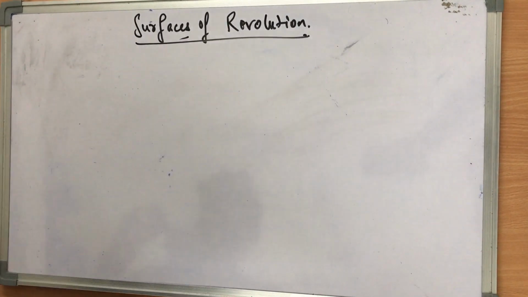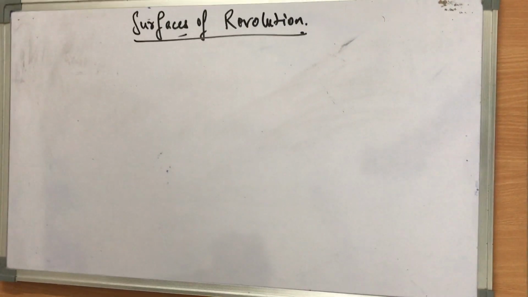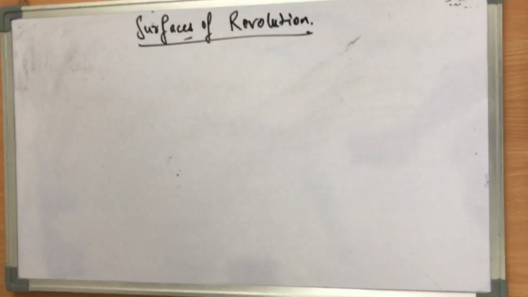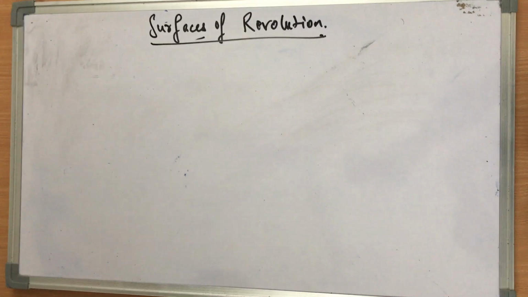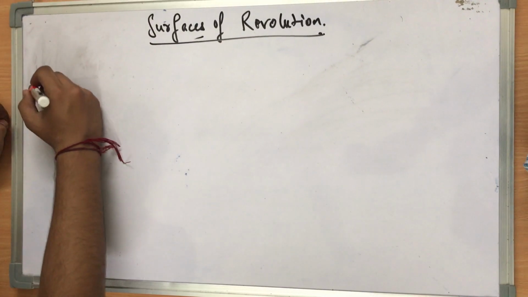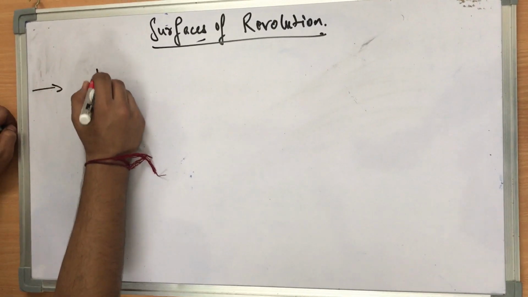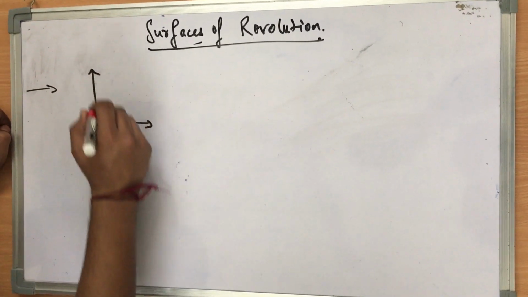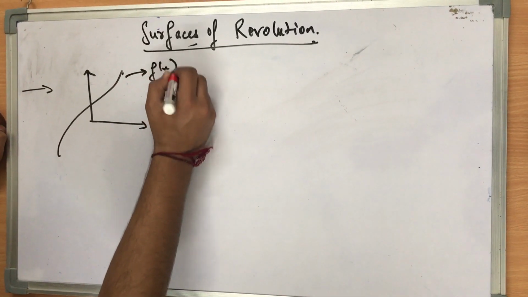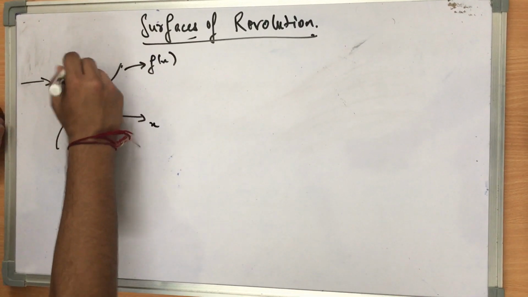Now our task is to find the equation of the surfaces of revolution which are formed after rotating the given curves about the y or the x-axis. So let us take a curve, let's say y is equal to f(x), in the x and y plane.